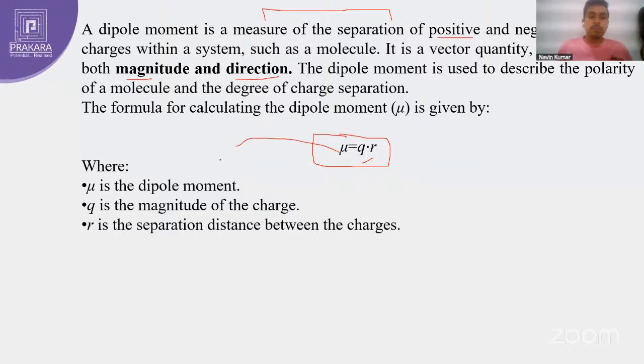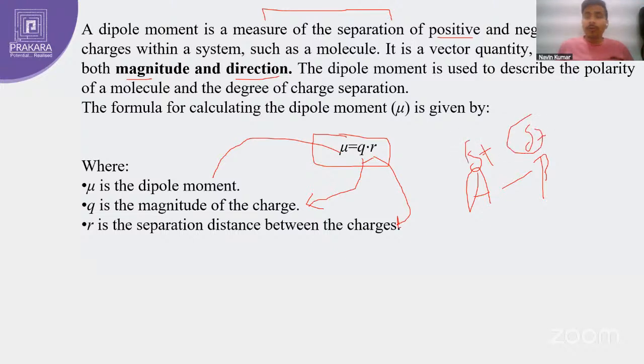Here, mu is the dipole moment, Q is the magnitude of the charge, and R is the distance between the two charges. Simply remember, if there are two atoms, A and B, and A possesses a partial delta positive charge, and B contains a delta negative charge, then in this condition there will be a dipole moment between these two.